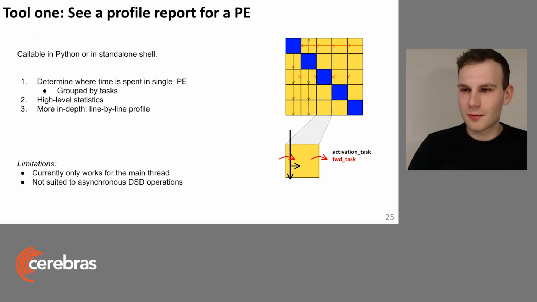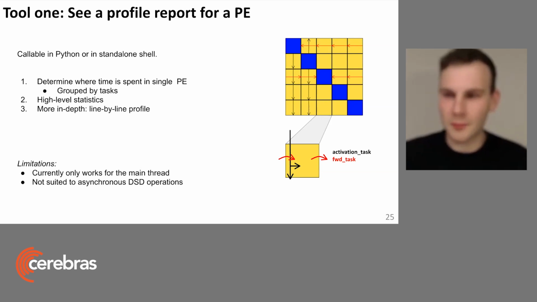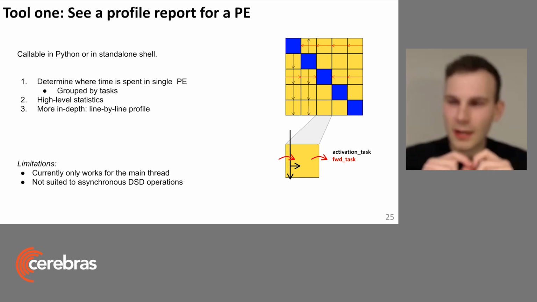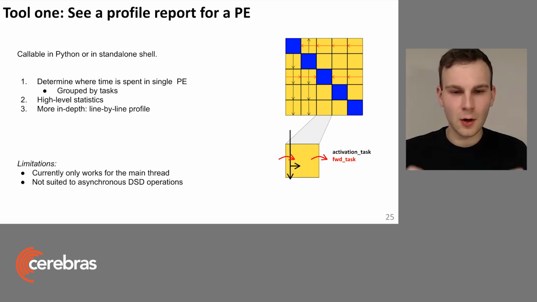So let's use the first tool to look further into how our approach does. The first thing we have is a profile report. We want to look at how code runs on a single PE, on a single processing element.